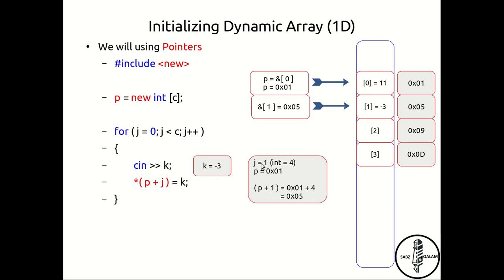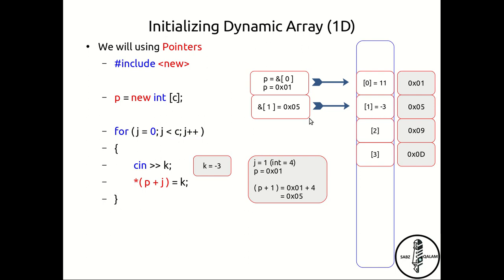Because it's an integer type variable, it's equivalent to 4 bytes. P is 0x01, so P plus 1 is 0x01 plus 4, which is 0x05. The contents of 0x05 are updated to K because K is the value minus 3. We see that this location has been updated.